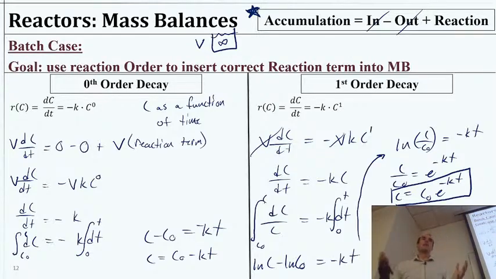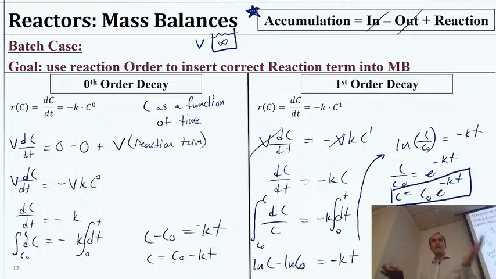Sometimes we will take a mass balance and solve it for something else other than C. Perhaps we'll solve for the time. We could solve for the rate constant. How efficient does this reaction have to be? Or maybe we know everything about the reaction except the constant, so we could solve for the constant.